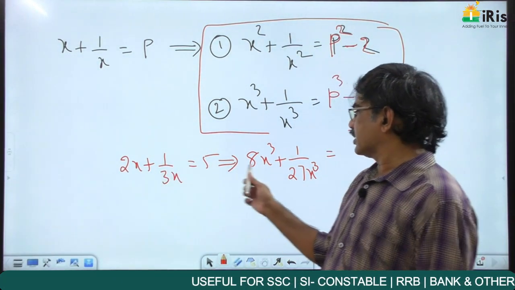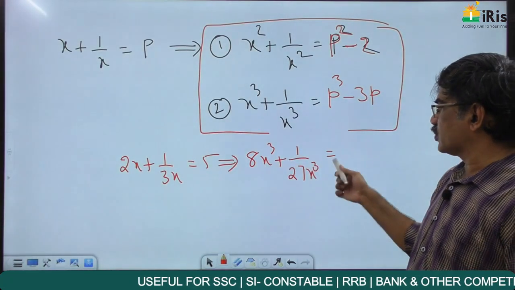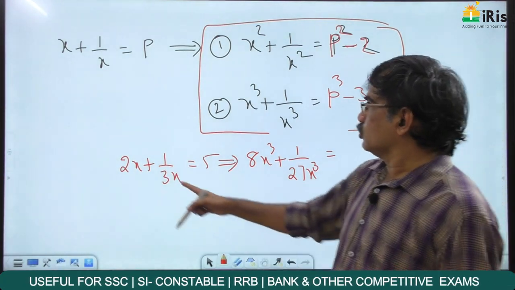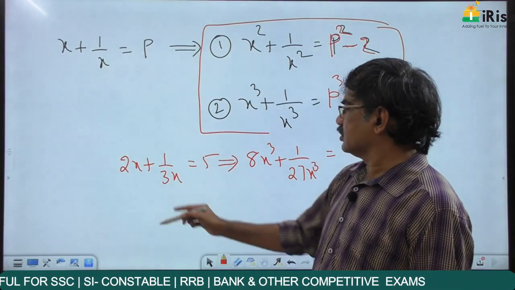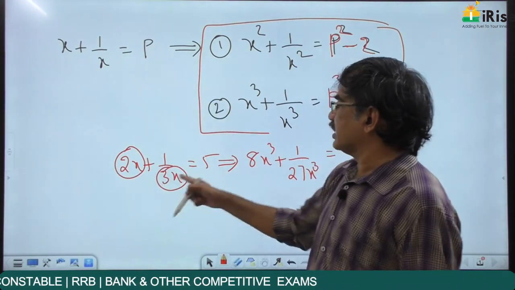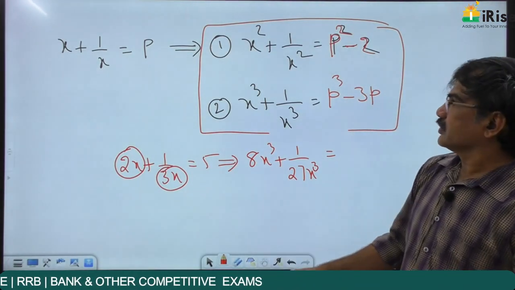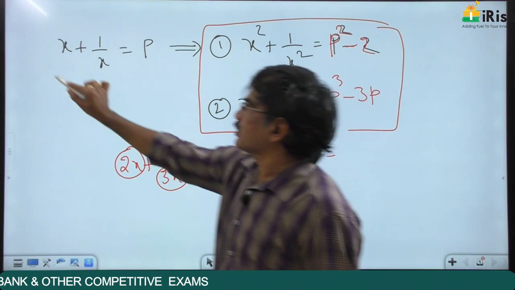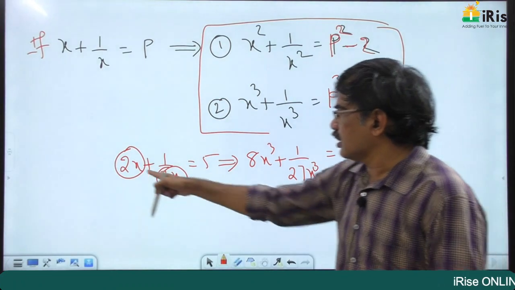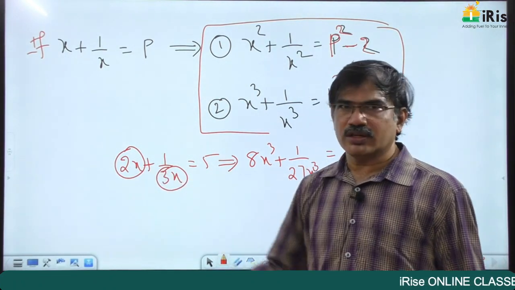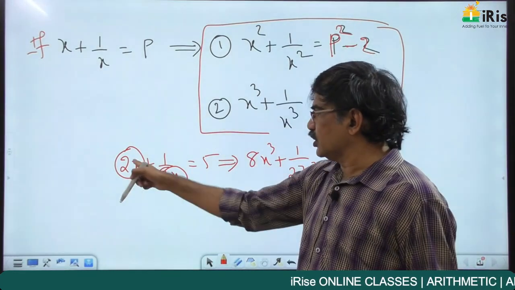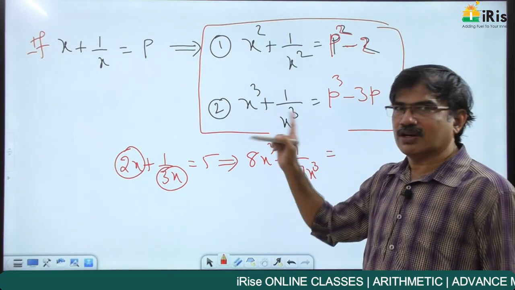Don't apply these two formulae for this, because this is not in the form of x plus 1 by x is equal to p. If x plus 1 by x is equal to p, then only these two formulae apply. This is not in the form of x, this is 2x, this is 3x, both are different. So don't use these two formulae for this type of question. If these two are equal, then only you can apply this formula.